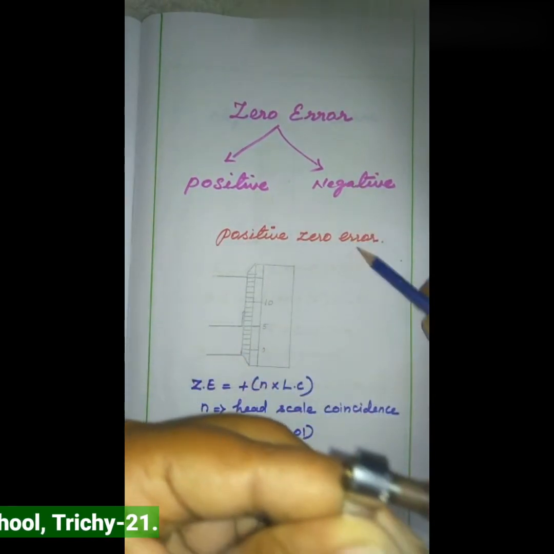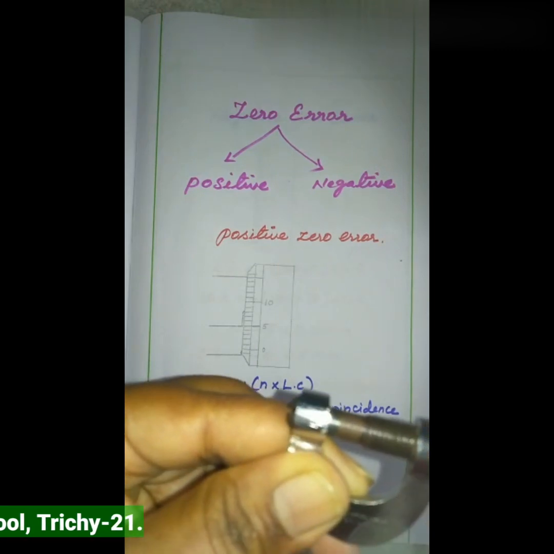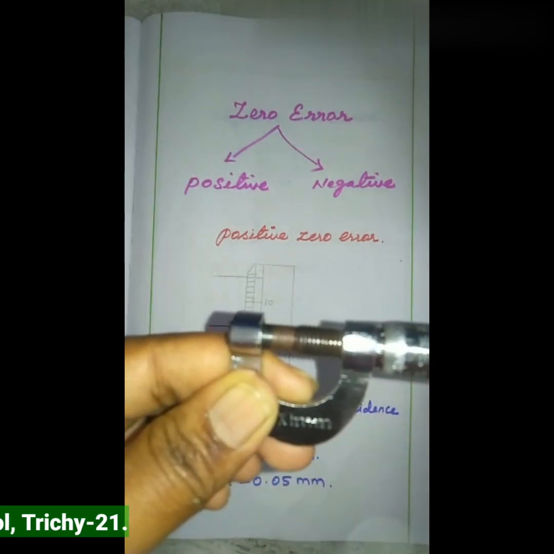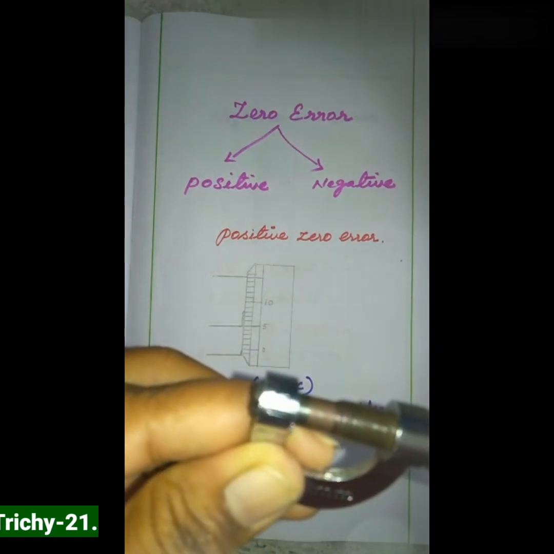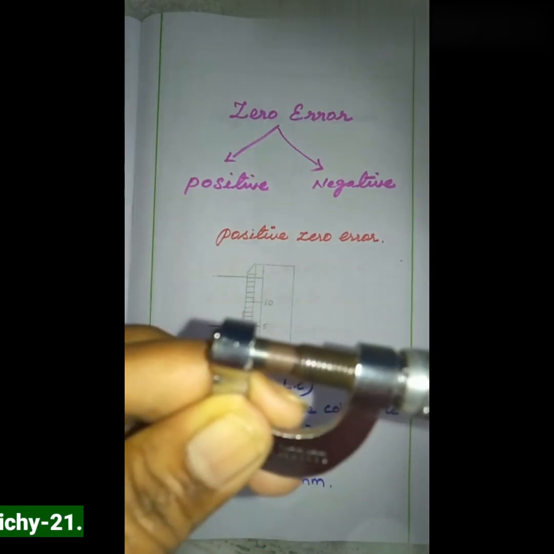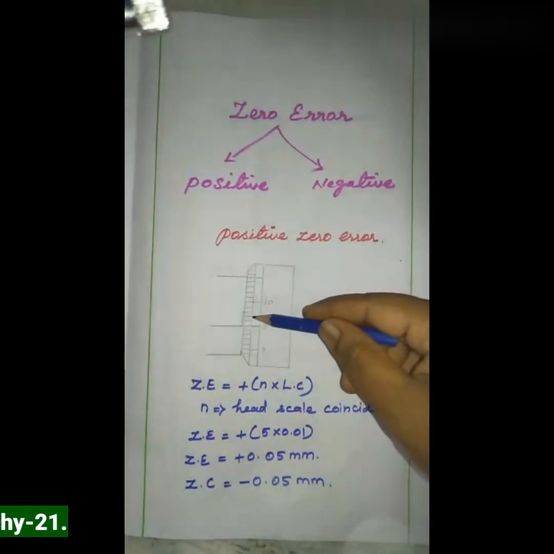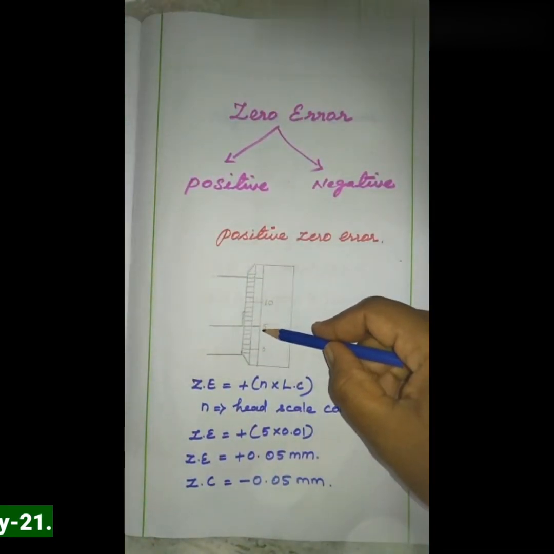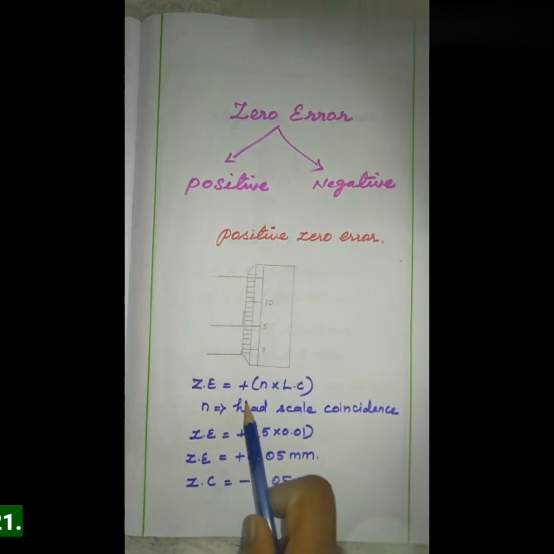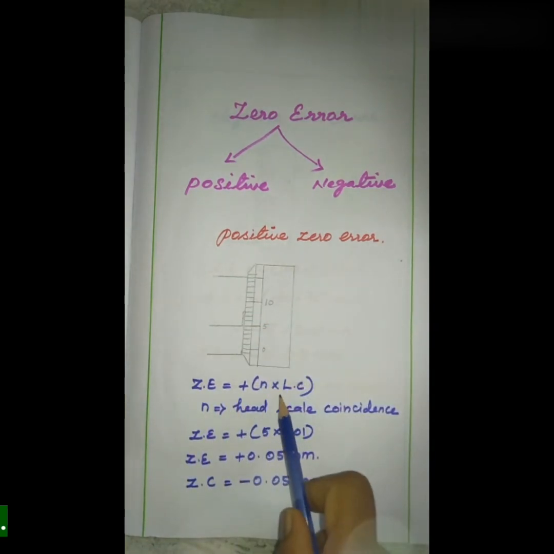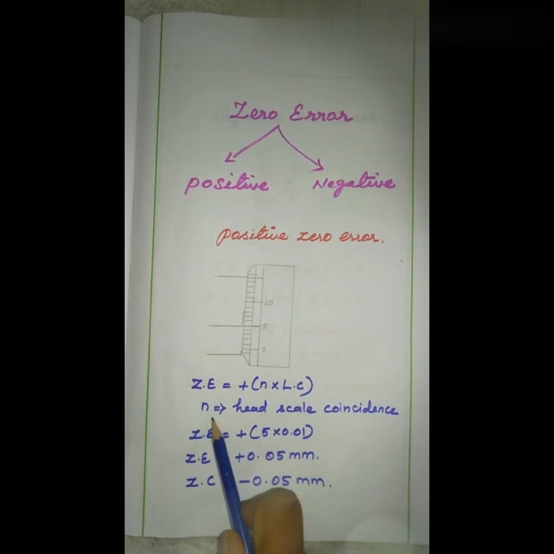In positive zero error, the zero of the screw gauge head scale is above the reference line of the main scale, and say the fifth line coincides. So zero error is equal to plus n into least count, where n is the head scale coincidence.